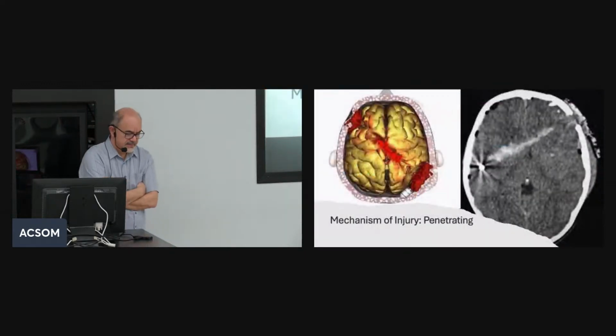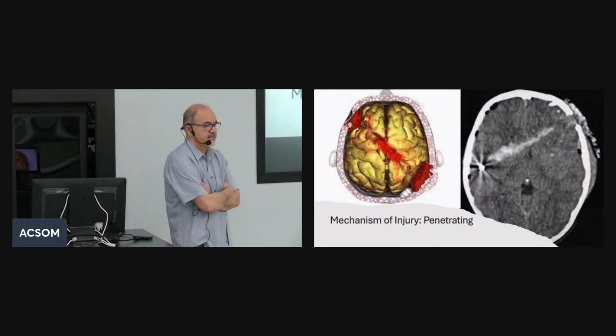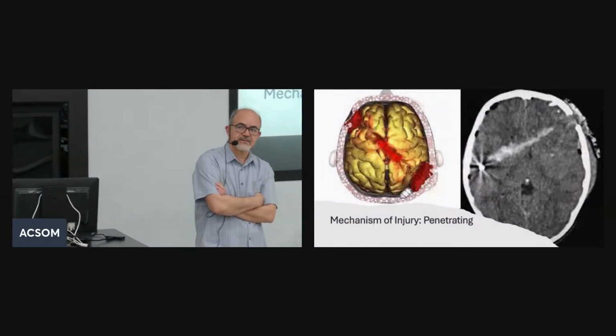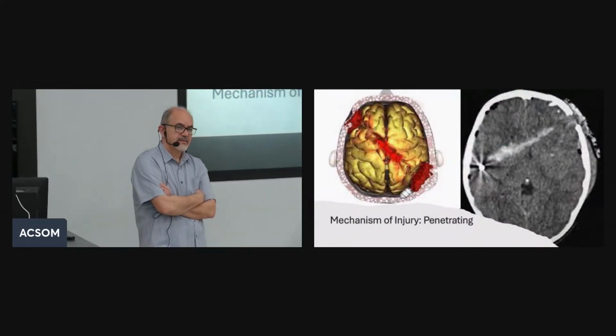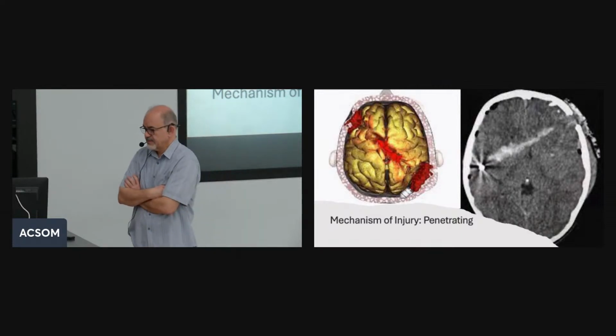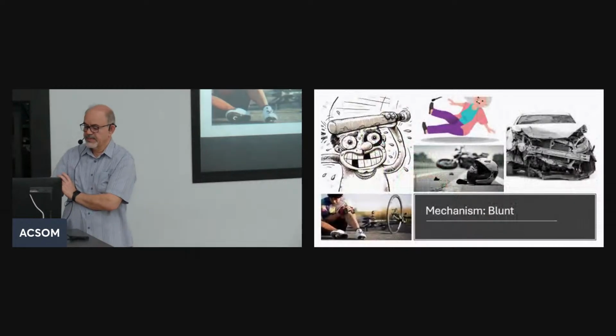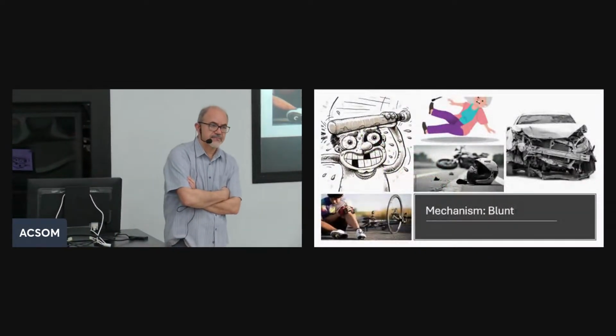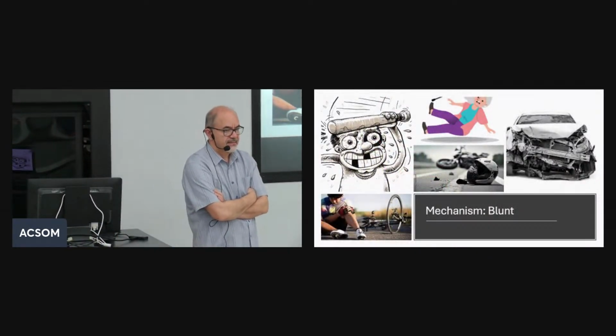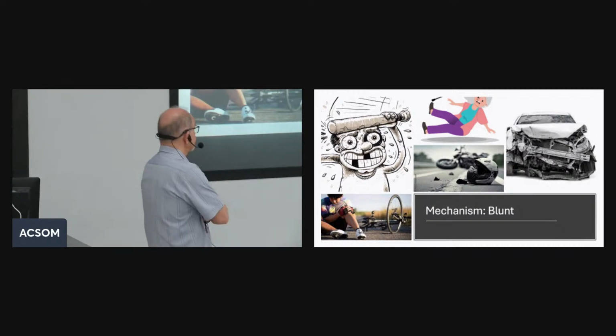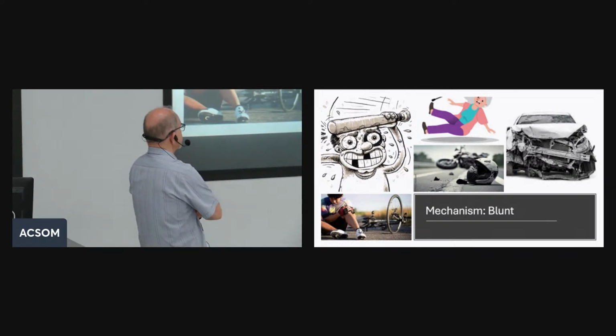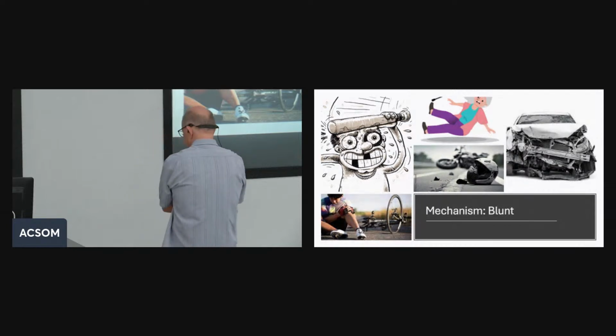The penetrating is obvious. A sharp object penetrates through the skull, damages the brain. That's penetrating TBI. Blunt is when you have brain injury, but nothing penetrates the brain, and that's assault, bicycle crash, motorcycle crash, falls, and MVCs.